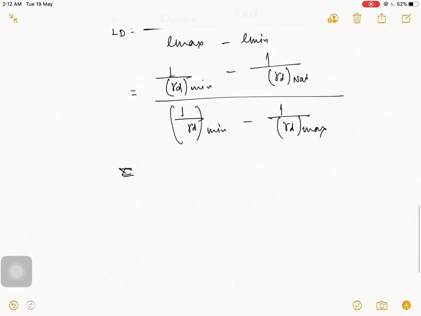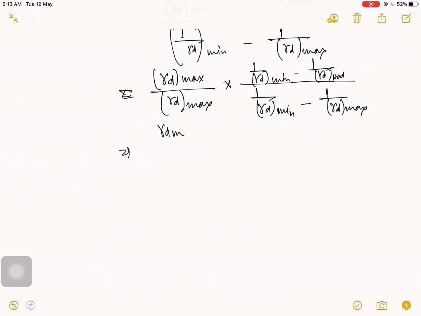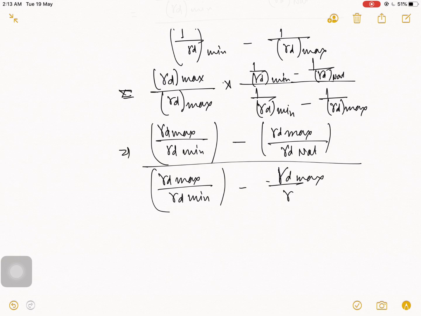We multiply up and down by gamma d max. So 1 by gamma d minimum minus 1 by gamma d natural, and here the same, 1 by gamma d minimum minus 1 by gamma d max. That gives gamma d max by gamma d min minus gamma d max by gamma d natural, over gamma d max by gamma d minimum minus gamma d max by gamma d max.